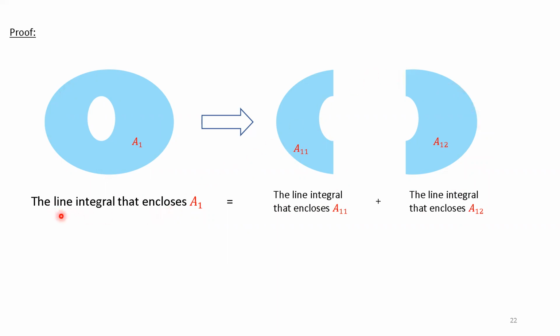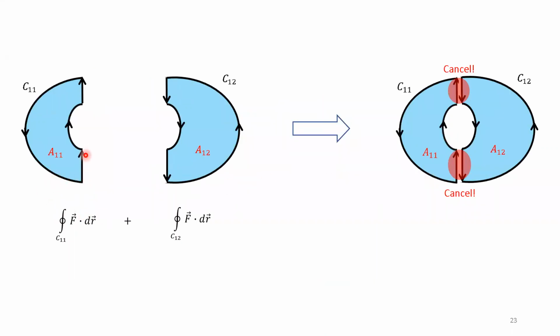So what does it mean by the line integral that encloses A1? I'm treating this as the definition: the line integral enclosing A1 is defined by the line integrals enclosing A11 and A12. So now, to consider the line integrals that enclose A11 and A12, what I need to do is draw these two boundaries.